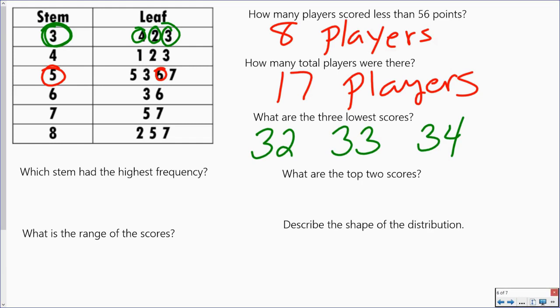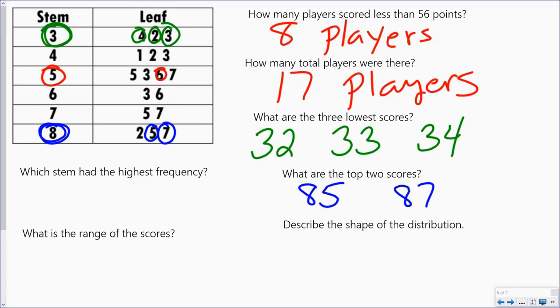What are my top 2 scores? Well, then I need to look at my maximum amounts. So my maximum 10 is 80 because my maximum stem is 8. And then my 2 top scores would be the 5 and the 7 here. So I would have 85 and 87.